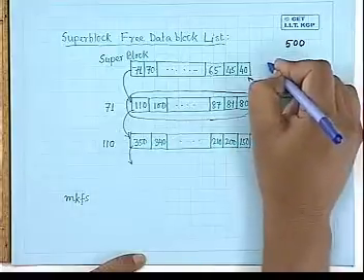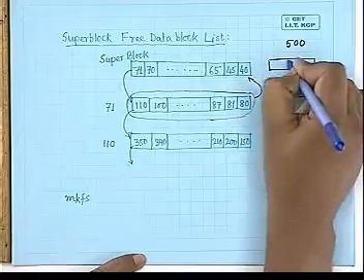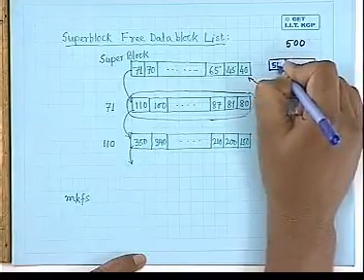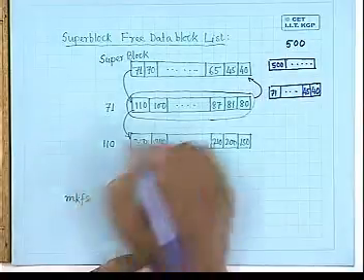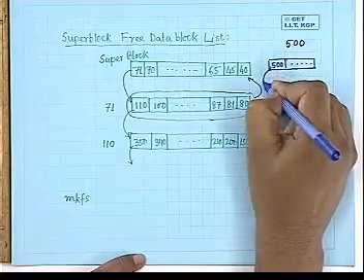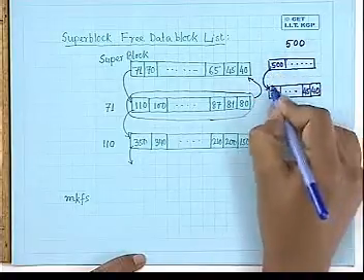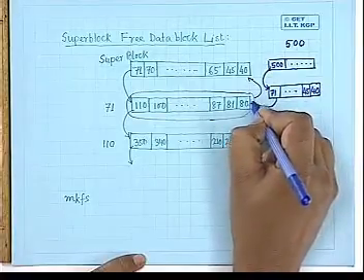In the superblock, you simply put block number 500. These positions are empty entries. So you find that block number 500 becomes a link. Block number 500 is now a link block, which links to other blocks in the free list.